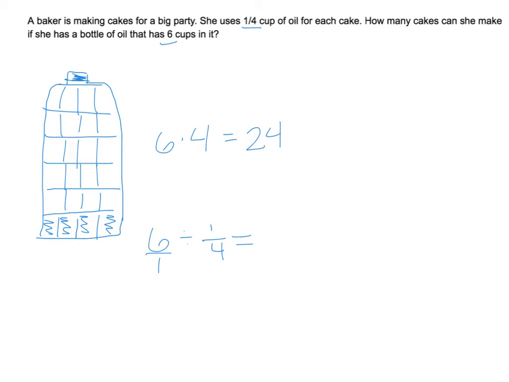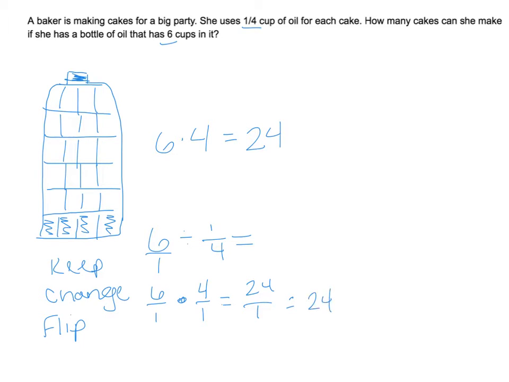Then we're going to keep the first fraction, we're going to change the sign, and we're going to flip our second fraction. So now it becomes 6/1 times 4/1, which gives us 6 times 4 is 24/1, which is 24 cakes.